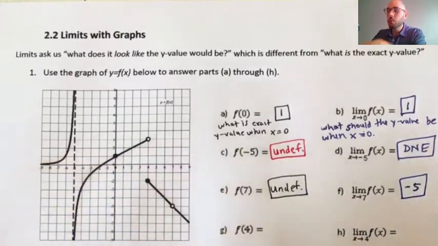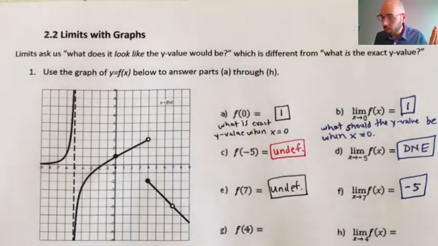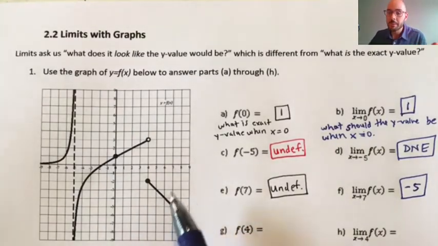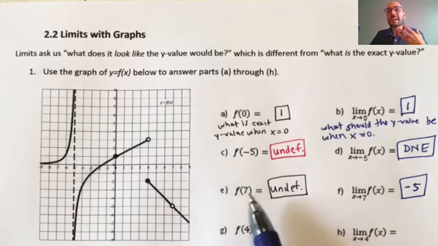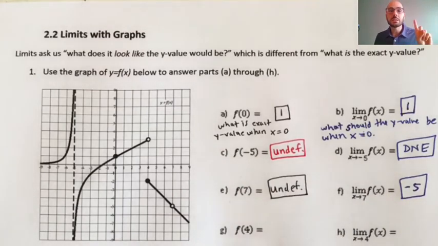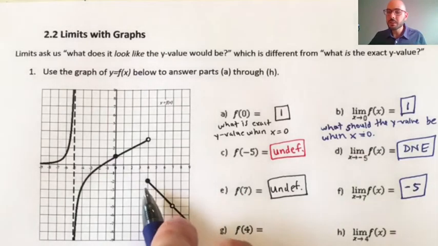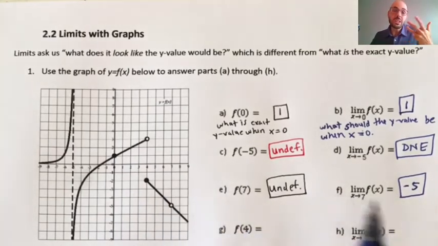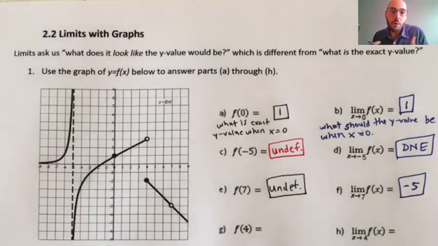Now I know what you're saying: whoa, whoa, whoa. I thought there was a hole there. There's not a y value there. And that's true, the graph is undefined there, but the limit doesn't care. The limit is looking at a pattern. It's looking at a trend. Based on this graph, what's happening around this hole, where does it look like it should have a y value?